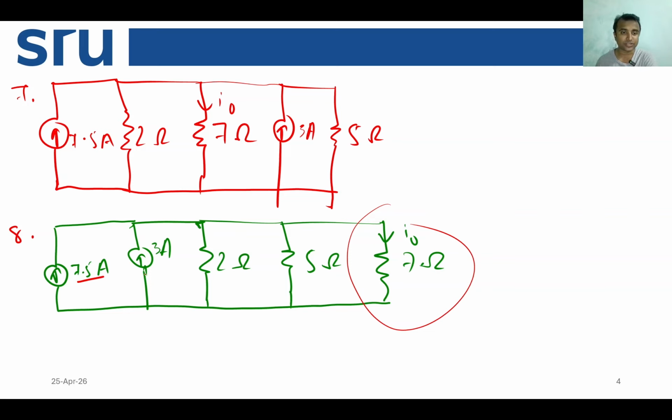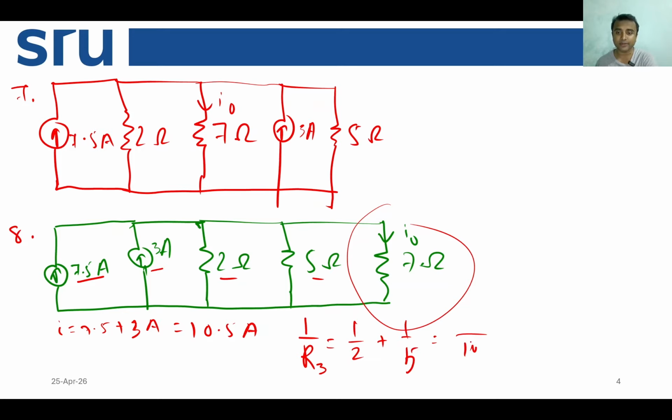Now these two are current sources, also pointing in the same direction, so they add up to a current source of I equal to 7.5 plus 3 ampere, equal to 10.5 ampere, right? And these two, 5 and 2, are connected in parallel, and the equivalent resistance is 1 by 2 plus 1 by 5 equals 5 plus 2 over 10, so 7 by 10, which gives R3 equal to 10 over 7.